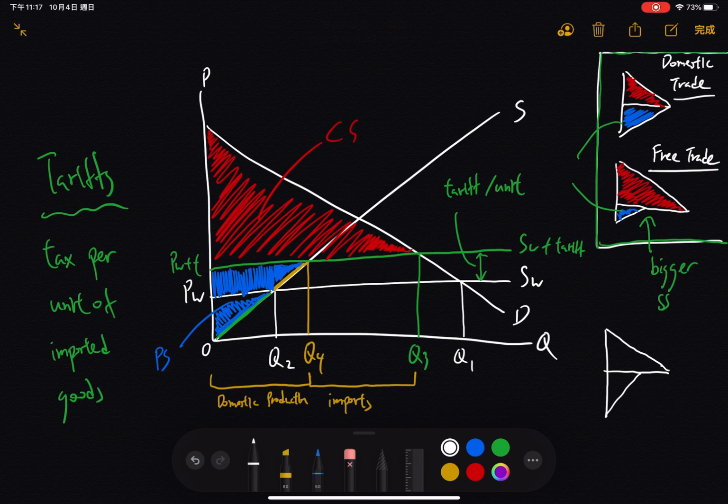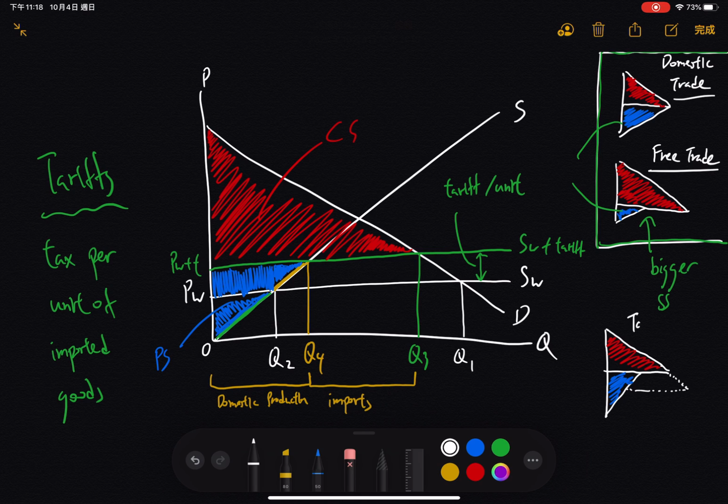It should look something like this. So this is after tariff.